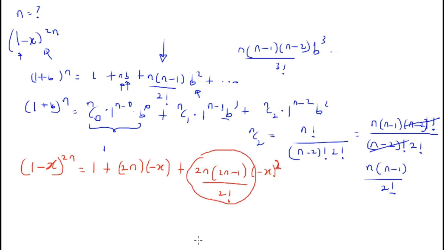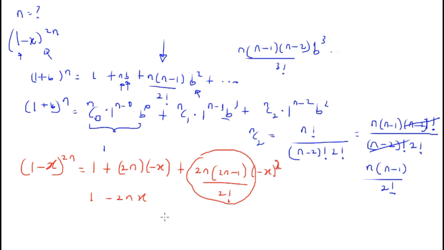If I equate the coefficient, notice that the coefficient of the third term is positive because minus x squared is positive, but the coefficient of the second term is negative because I will eventually have 1 - 2nx.